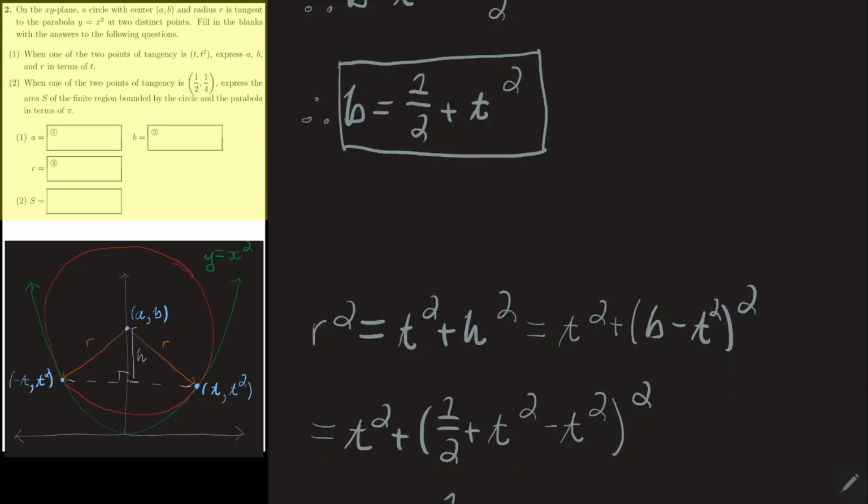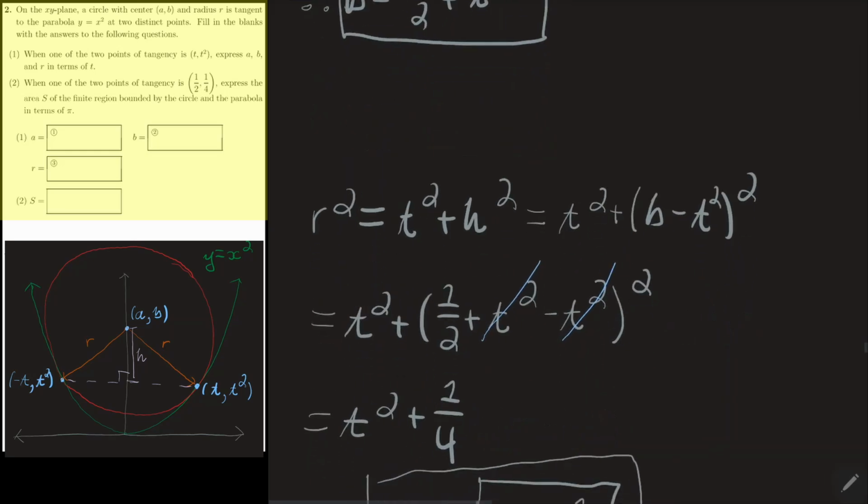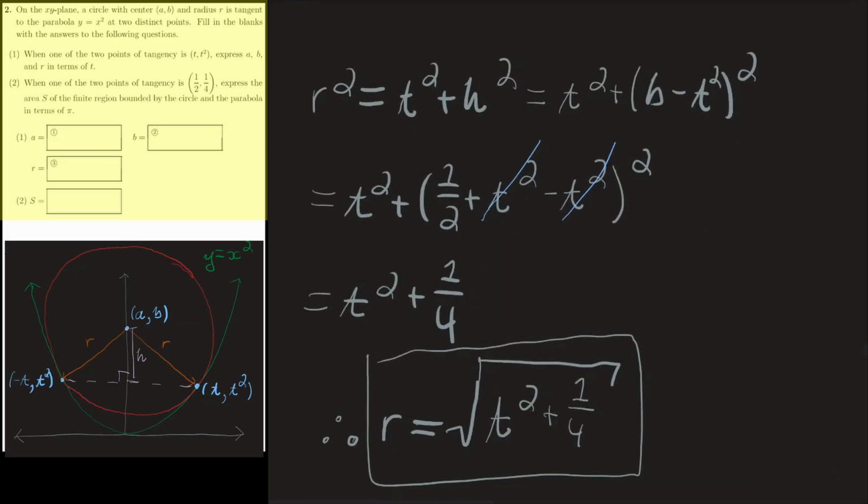Of course, we have plus t squared and minus t squared here. They just cancel out. And so we get that r squared is just equal to t squared plus 1 over 4, which means that r is equal to the square root of t squared plus 1 over 4, and that is the answer to the third part of the question.